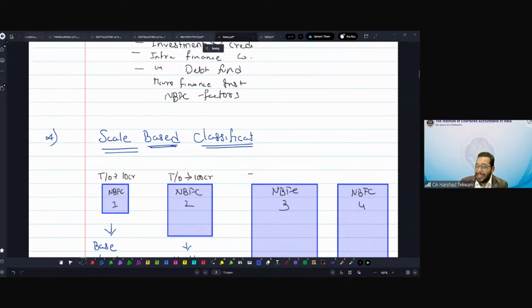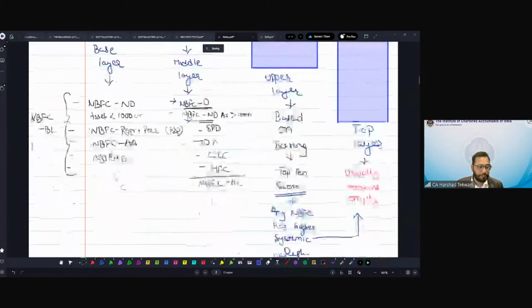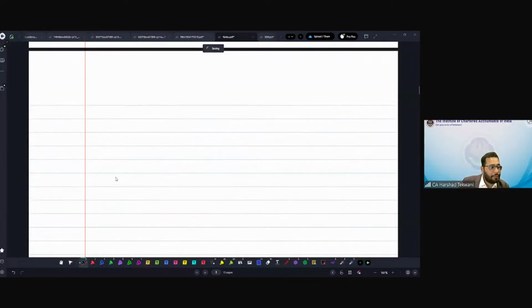So we need to understand what those activities are. Let's first understand with respect to NOF, NBFC category-wise. So now we will discuss net owned funds.